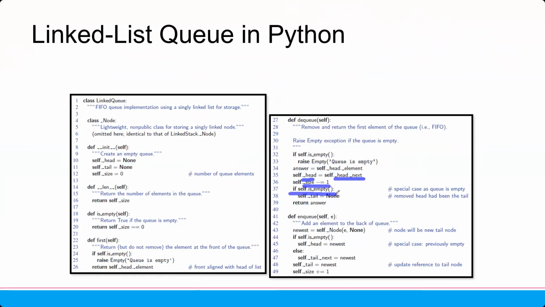Now you check whether it is empty or not, because after you remove, let's say I have only 2 nodes. If I remove one, there is only 1 node remaining. If I remove it, then it is empty. So we need to have a condition: if it is empty, then the tail will be None.